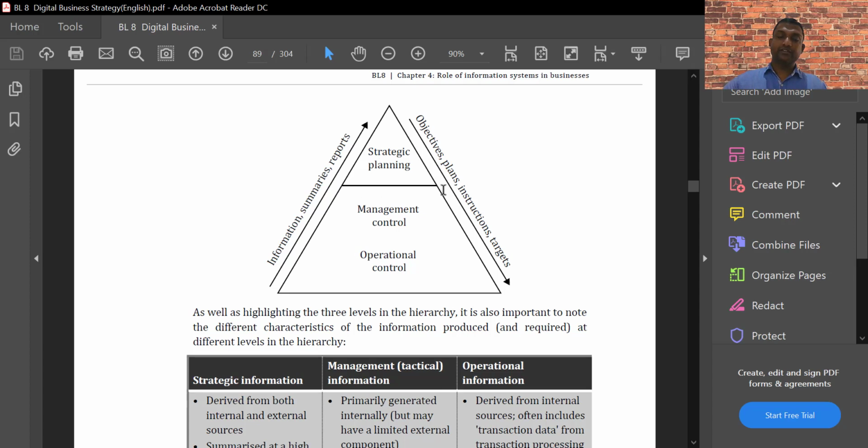And when the management and the operational control operate, information generated here, summaries, reports, and other valuable information again will be sent back to the strategic planning stage, so that they can adjust or add new objectives or update the plans accordingly. So this is the cycle.